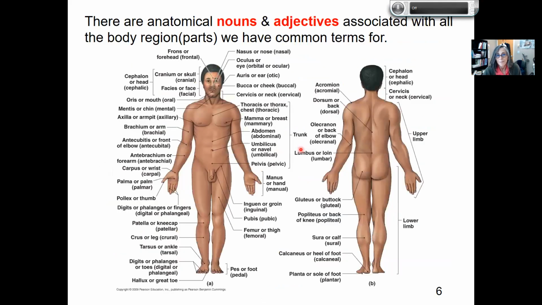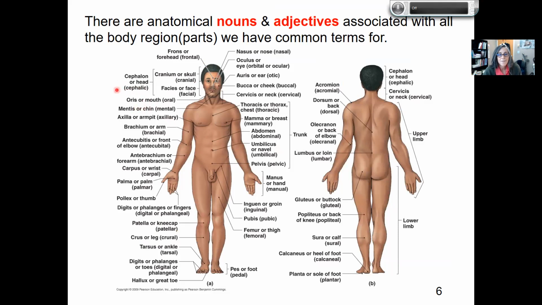Now this one, I'm probably going to go over to show you, but just so you know, it looks like there's a lot of it you already know. And what I've done on the quiz is not put all of the terms. There are a lot of terms, but what I'm asking you is to tell me what body part it is. That's what I have on the quiz. So let's look at this.